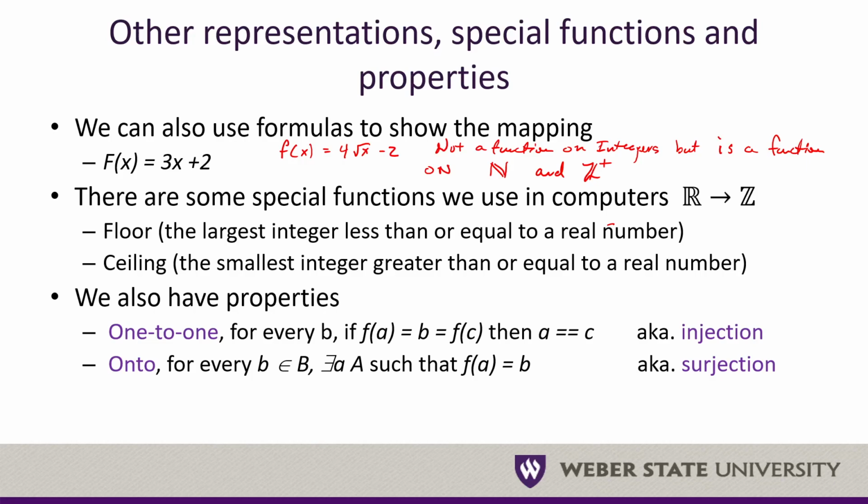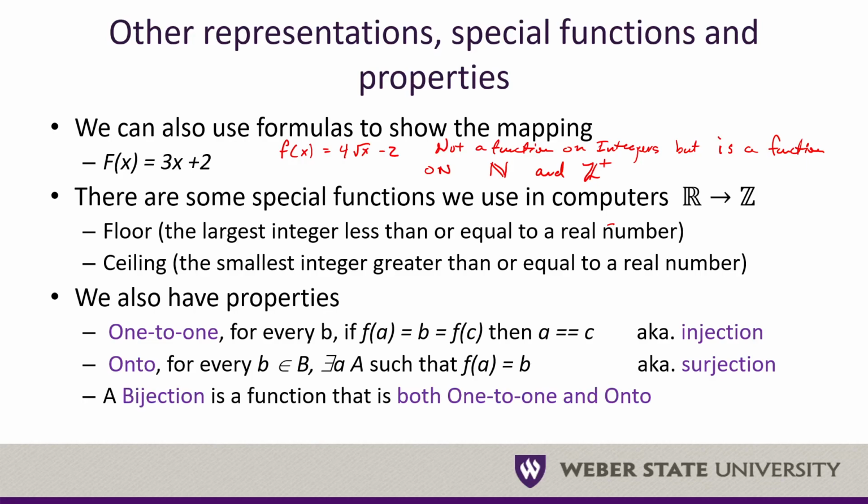In other words, everything in there has something that maps to it. So there can be multiple values, but there's at least one for every value in the range, or codomain. And then a bijection is one where both of those are true.